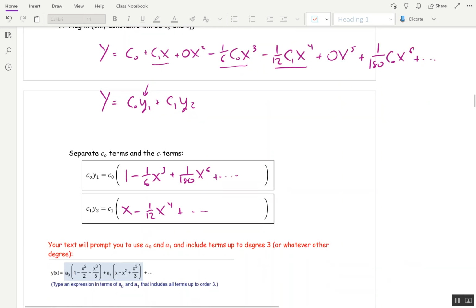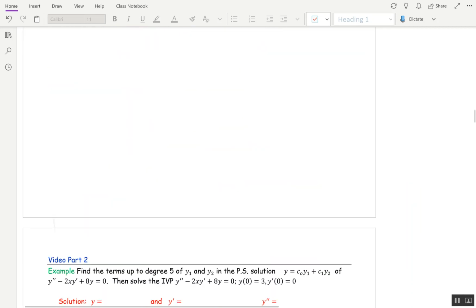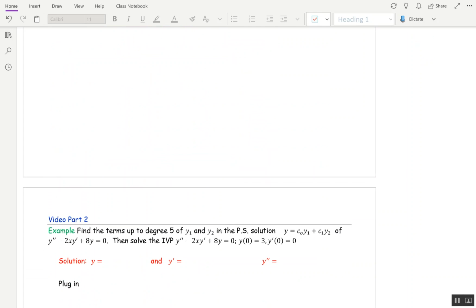All right, now your text is going to want you to use, I believe, A0 and A1 rather than C0 and C1, and it will tell you how high to go. Like it'll say include terms up to degree 3, or in this case we did up to degree 5. So in the next video, I will do this initial value problem with you.